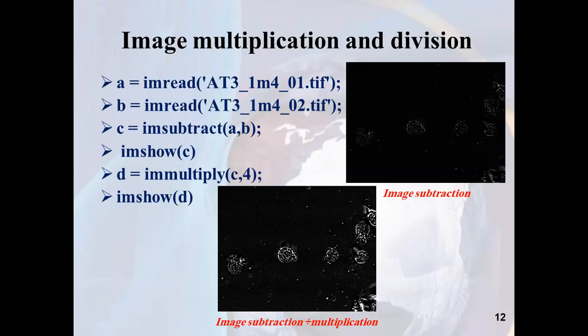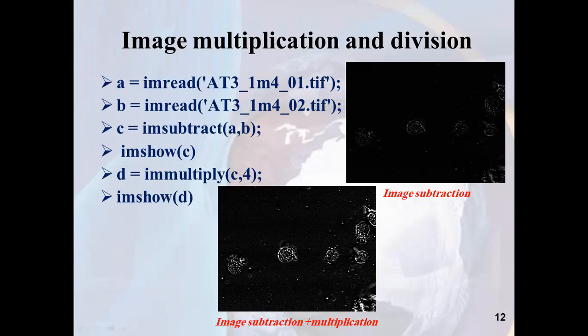So in order to see the difference between the two images very well, I may multiply the difference by 4, and this multiplication will enhance the difference between the two images. When I multiply this image by 4, I can see very well the difference pixel by pixel between these two images.